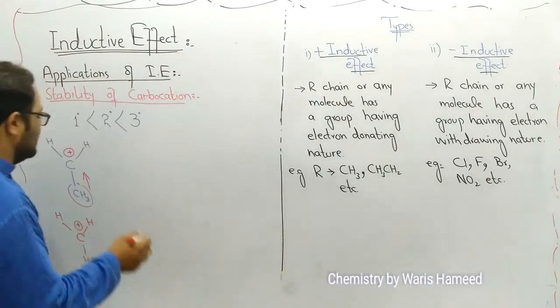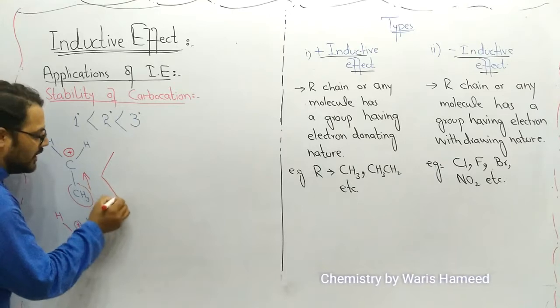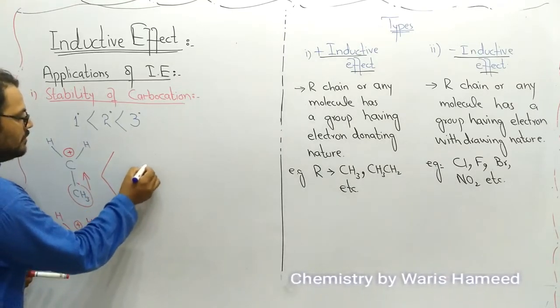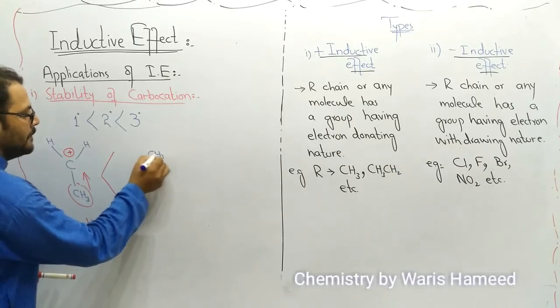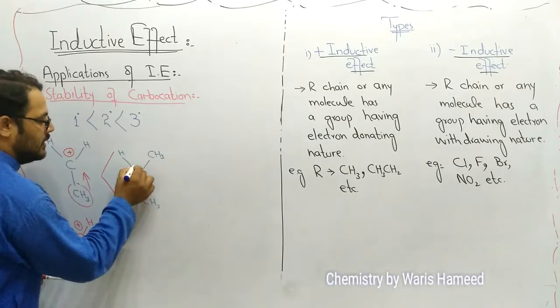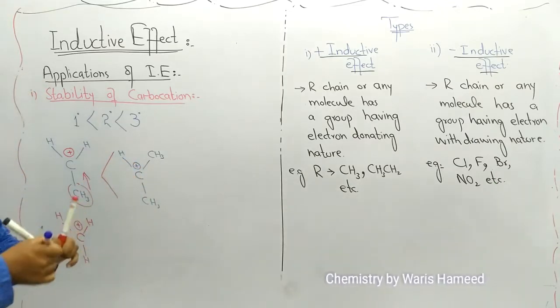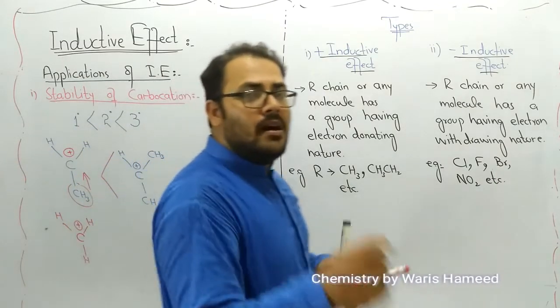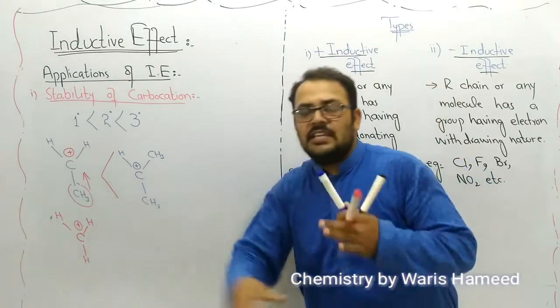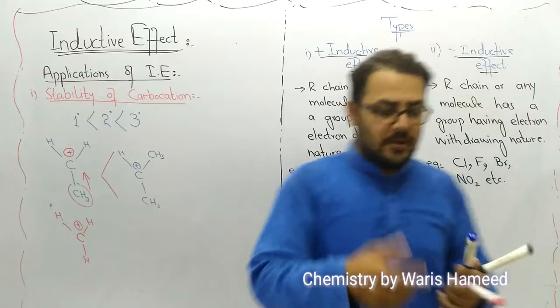But in this case, when we have a secondary carbocation, carbon, CH3, hydrogen, CH3 and positive charge. In this case, two methyl groups are donating electronic density to the carbon atom, and there is a decrease in positive charge of the carbon.